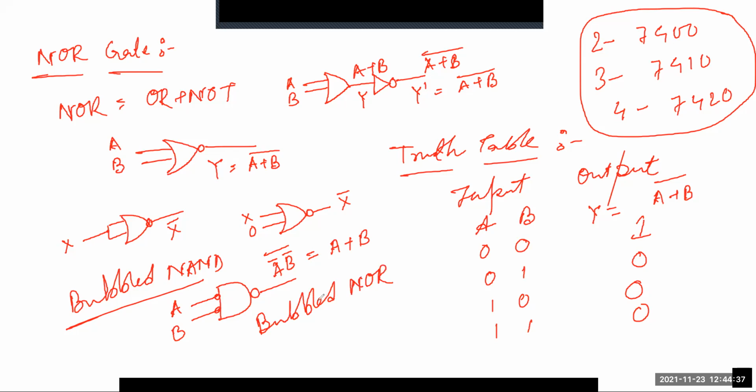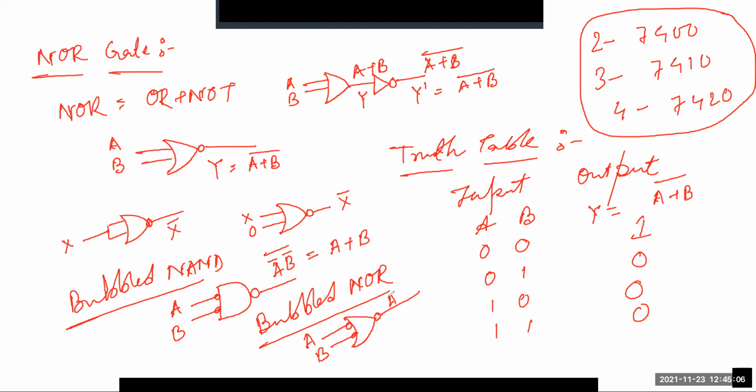And the bubbled NOR gate: here it is A, this is B. So in that case, this bubble NOR gate is equivalent to an AND gate.